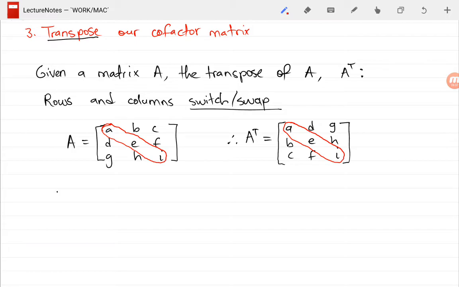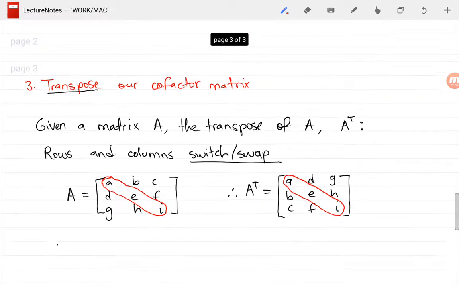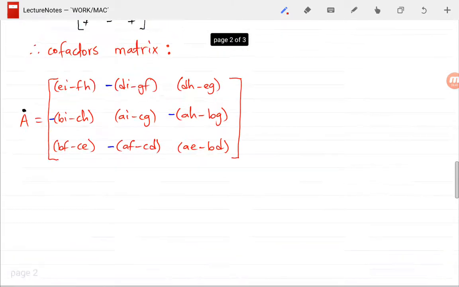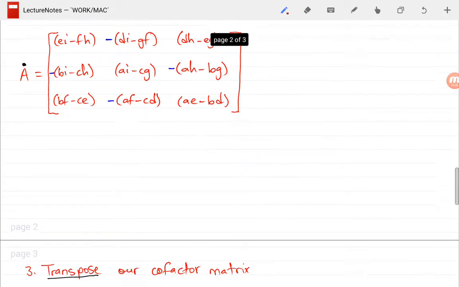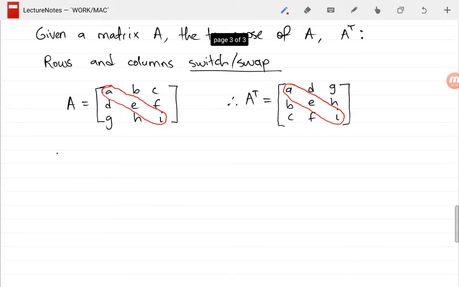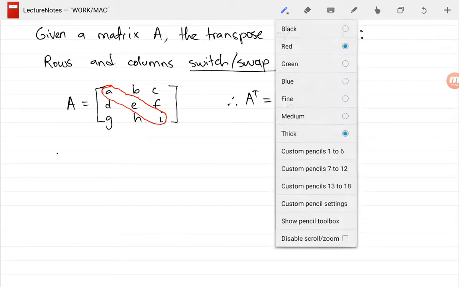Okay, so now that we know how to transpose, we can now transpose our matrix here. And I'm just gonna write down the transpose of this matrix here. We're gonna call it A transposed. So we transpose our matrix.